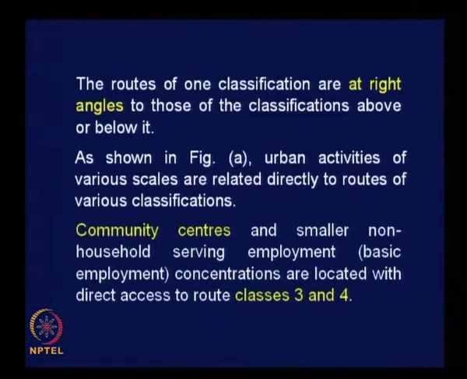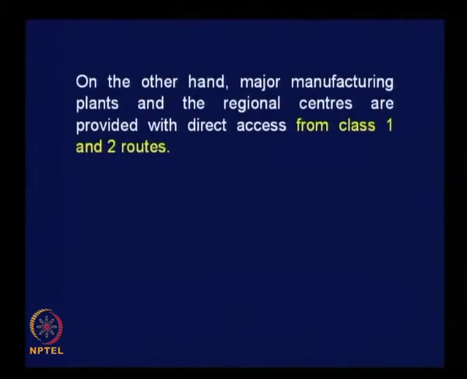Community centers and smaller non-household serving employment, namely basic employment concentrations, are located with direct access to route classes 3 and 4, right. On the other hand, major manufacturing plants and the regional centers are provided with direct access from class 1 and class 2 routes.